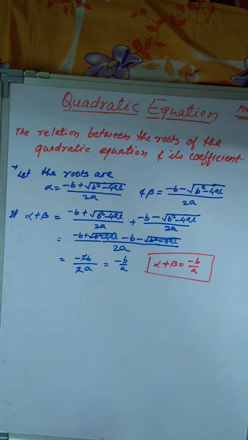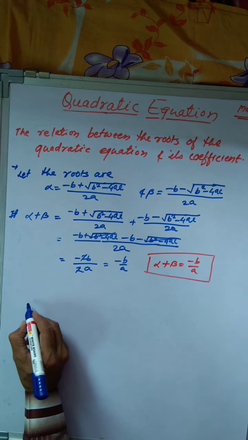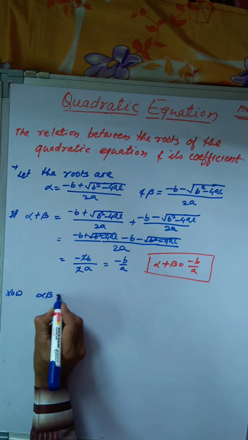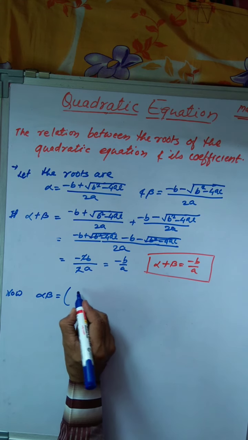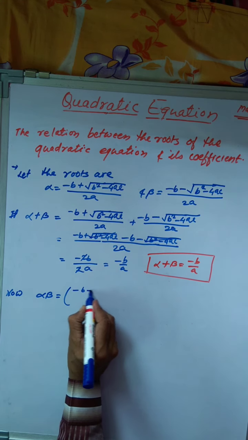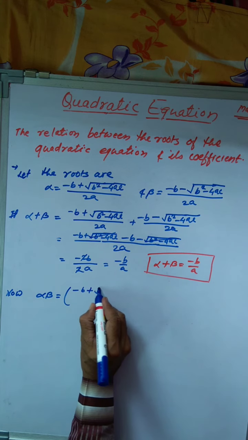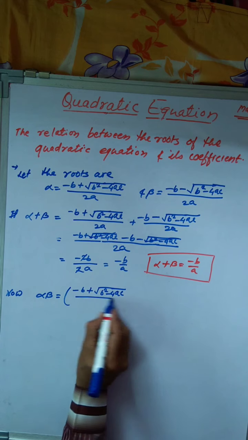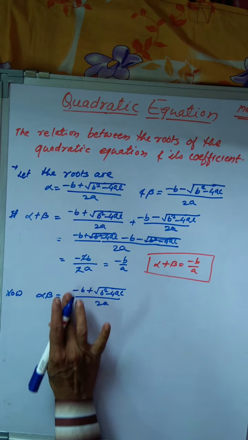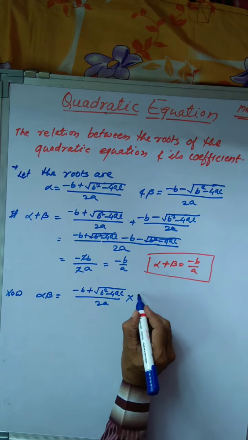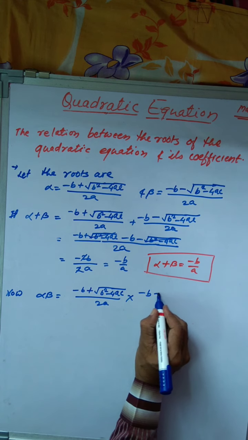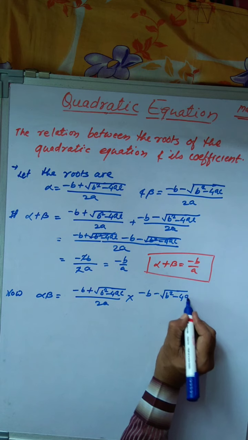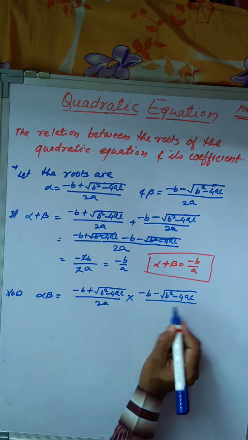Now we have to multiply these two. We get alpha into beta, that means the first bracket (-b + √(b² - 4ac))/2a into the second bracket (-b - √(b² - 4ac))/2a.